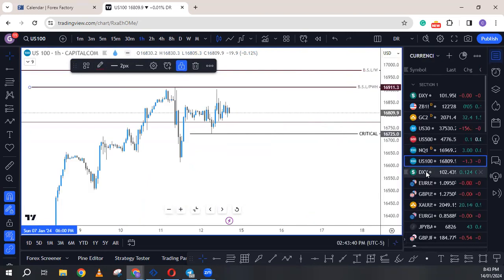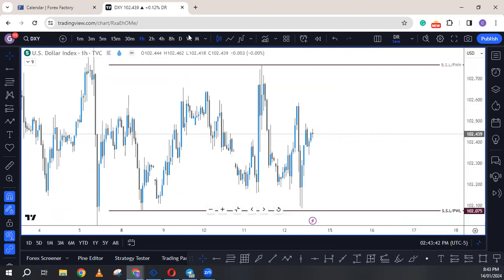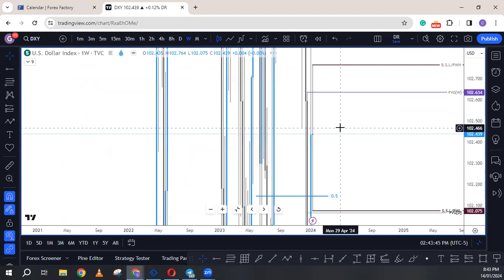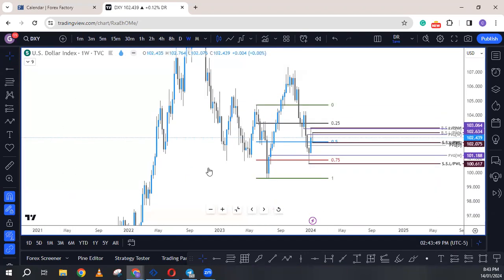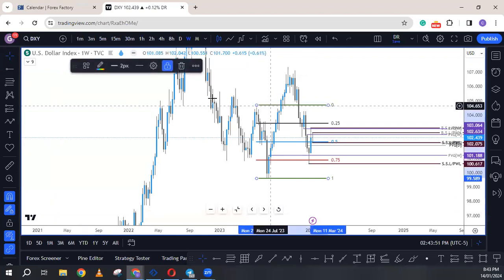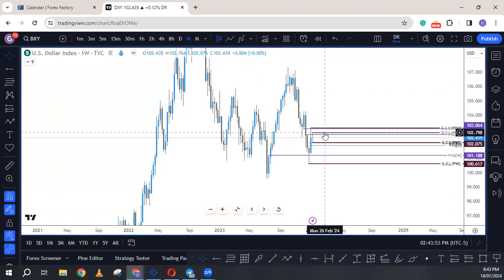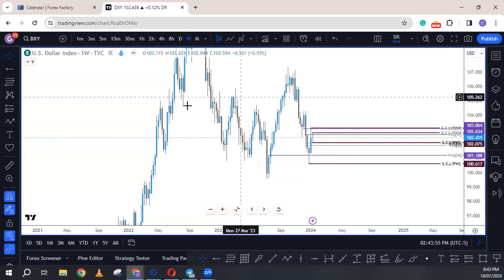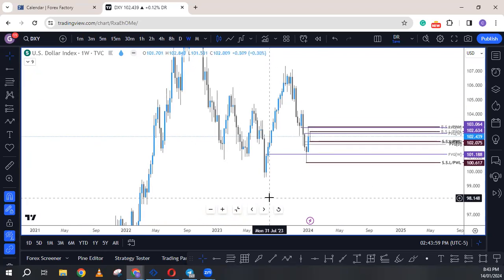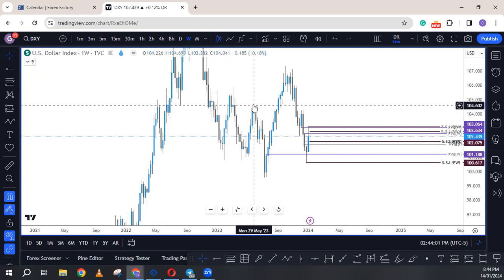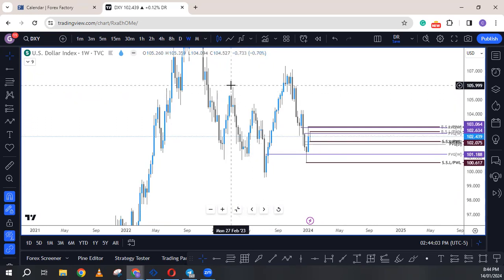The next pair we're going to be looking at is the dollar index. The dollar index has been in a bit of a range. If you look at the dollar index from the weekly, it has a bullish notation because of the close above these two highs.